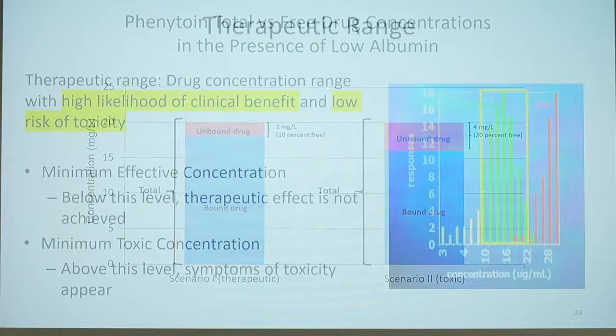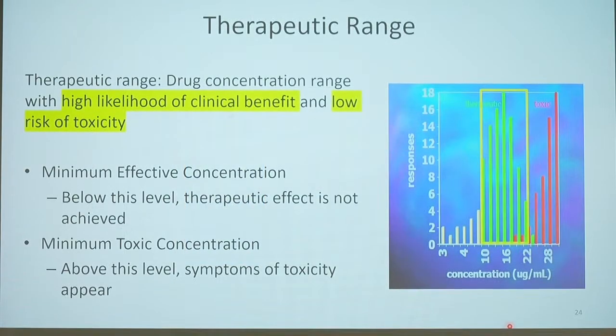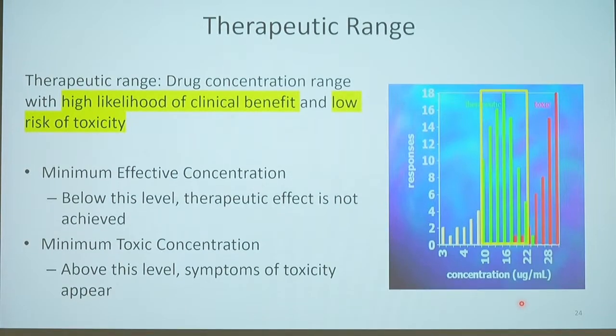And so, speaking of therapeutic, you guys know what therapeutic range is. It's that sweet spot where the drug works at its best, where the efficacy of the drug is its best and the toxicity is minimal.